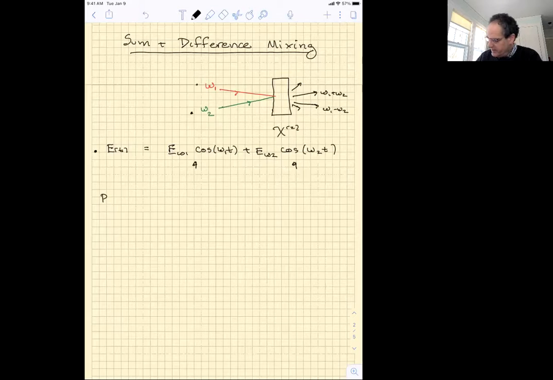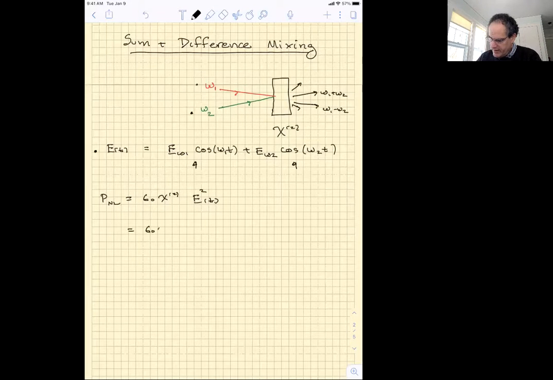Of course, the nonlinear polarization will be equal to E0 chi 2 times the electric field squared. But now we have to square the term above. And when we do that, we'll get a series of terms.